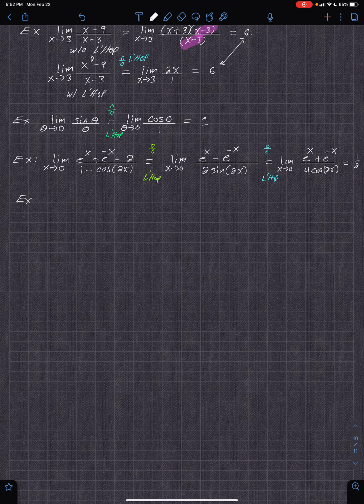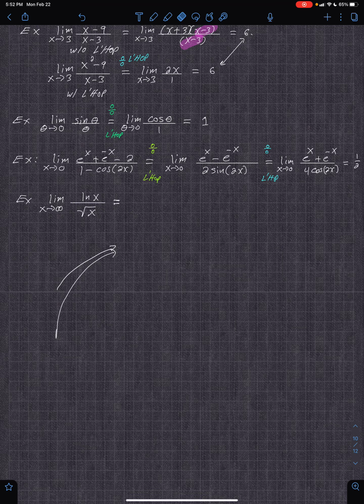Next one is this one. The limit of ln x over root x as x approaches infinity. So natural log looks like this. Root x looks like that as well, similar.